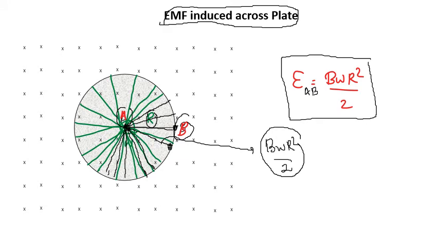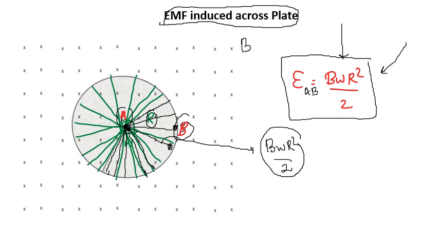Please remember this formula: across the center and surface of a uniform circular plate which is moving with angular velocity omega in uniform magnetic field B, the EMF induced between center and surface will be B omega r square by 2, where omega is angular velocity.